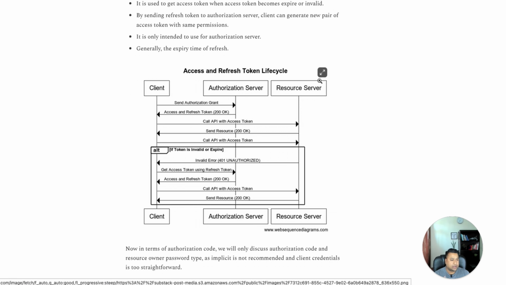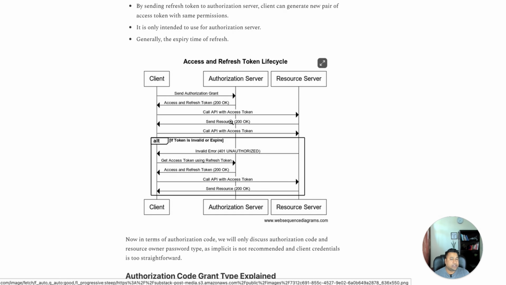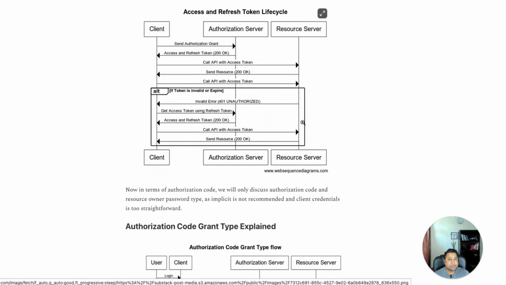Client will use the access token to access the resources. So let's say the Gmail token is being used to access your ChatGPT backend APIs by the client, the UI part of it, right? Then you can use all these resources of ChatGPT APIs, all the model APIs.